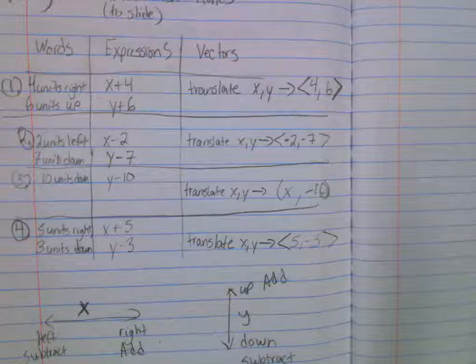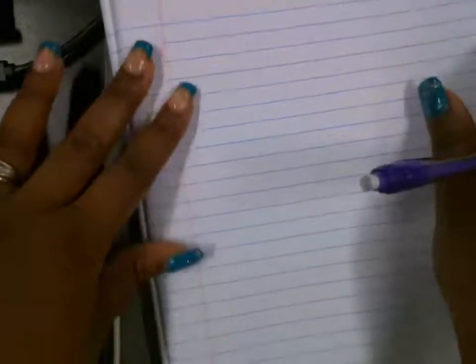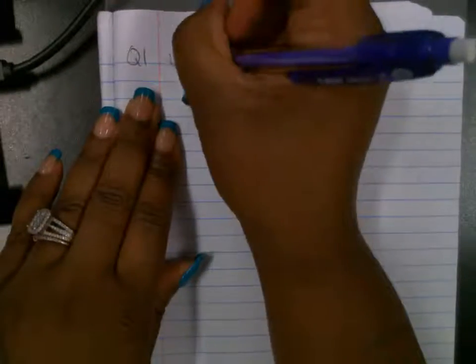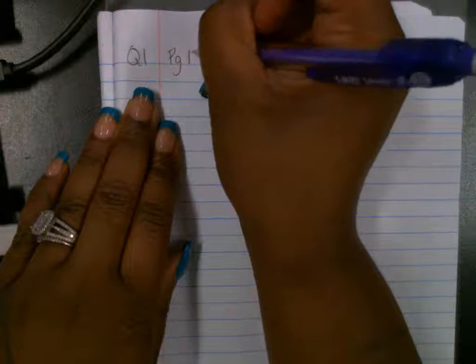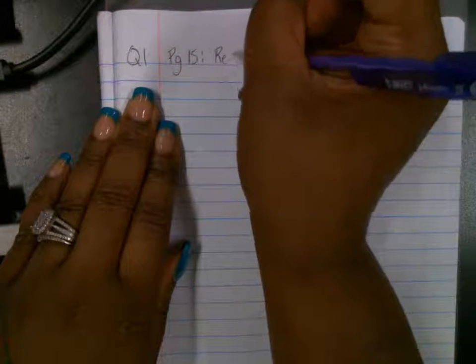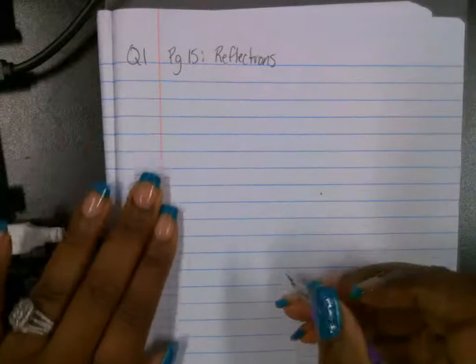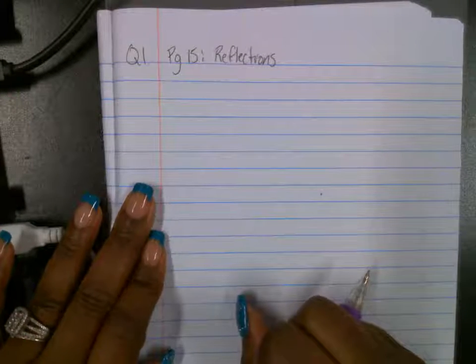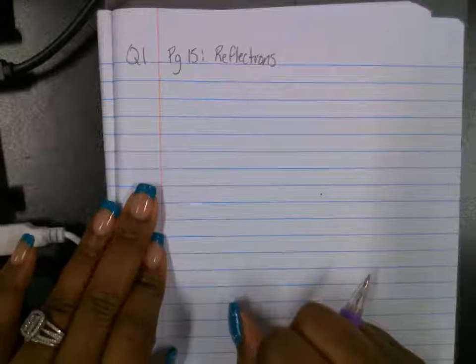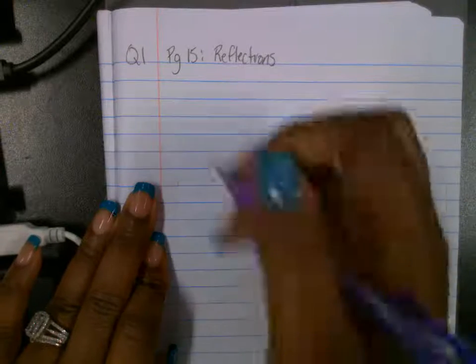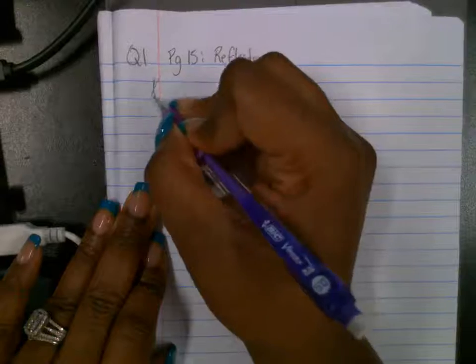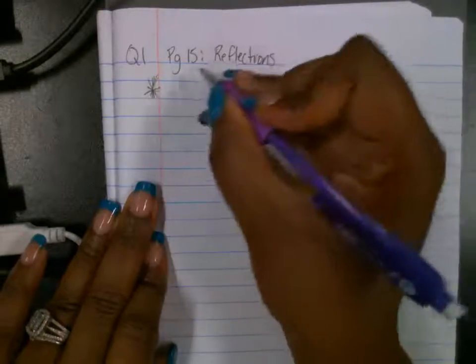Let's do the next page. This is page 15. We're doing reflections now. Okay, we talked a little bit about reflections yesterday. What did we say reflections means? That means to do what?